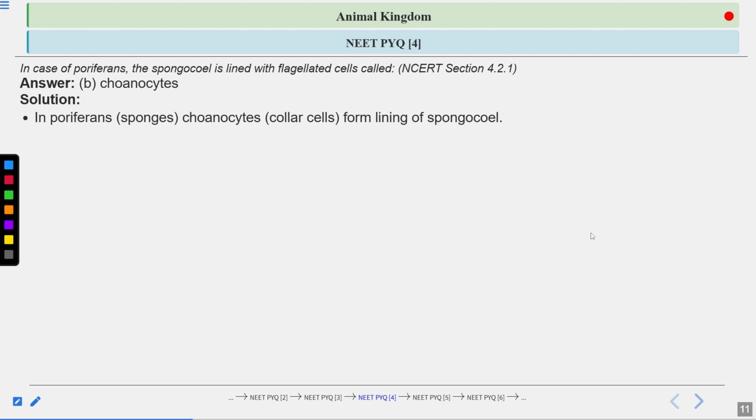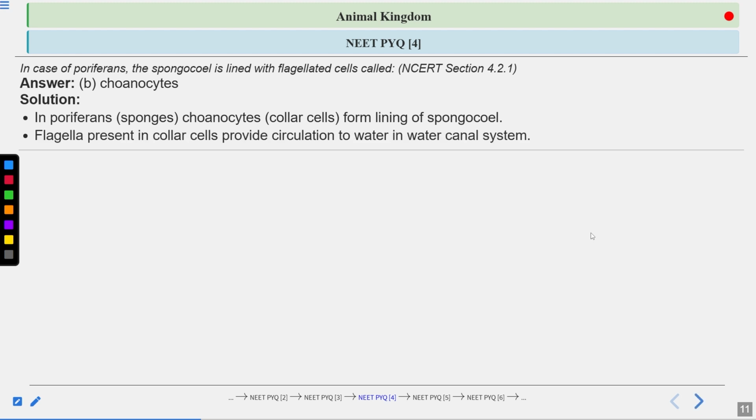Poriferans are commonly called sponges also. So they have these choanocytes, collar cells, present in the internal lining of the spongocoel cavity.